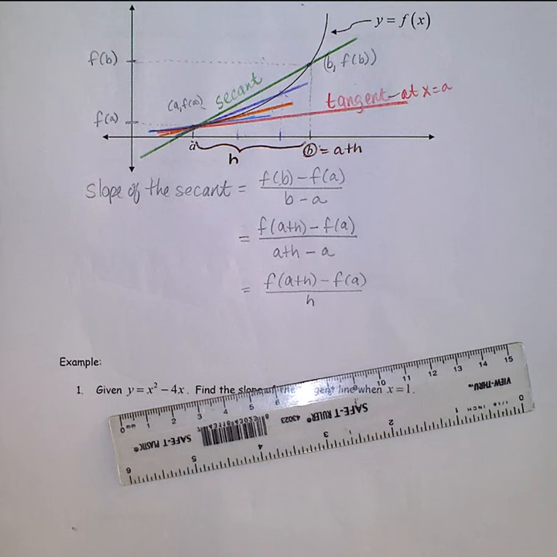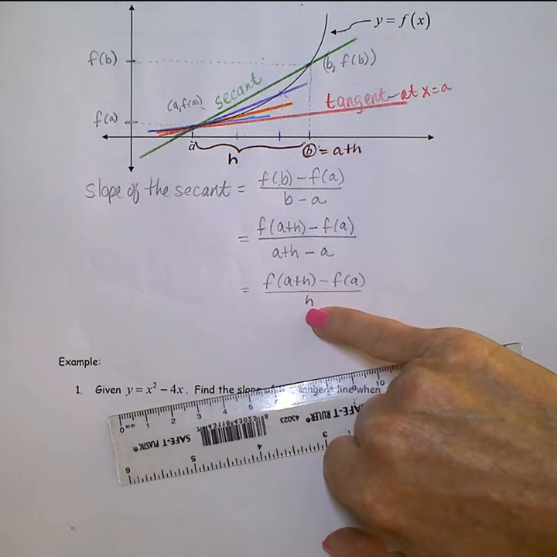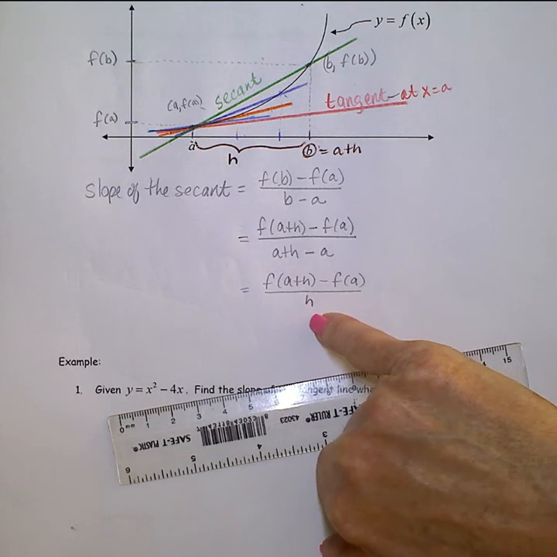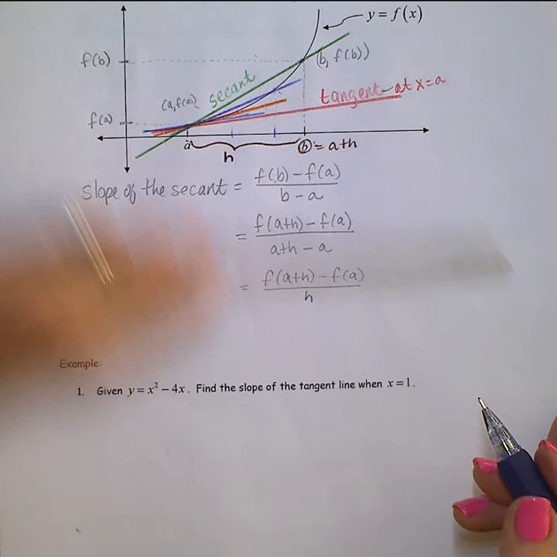Well, how small can we let h go? Can h equal 0? No, h can't equal 0 because then I wouldn't be able to figure out this actual slope. But can I let h get very, very, very, very close to 0? Yes, we can. And what's that called when we do that? A limit.